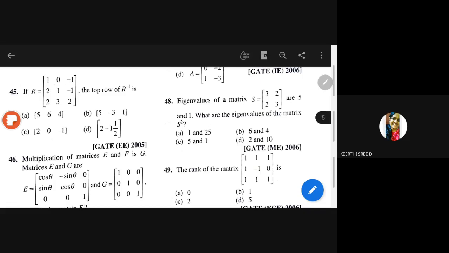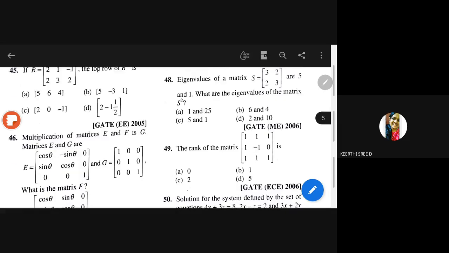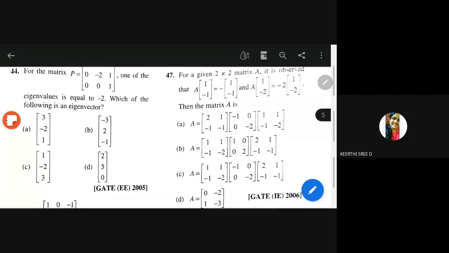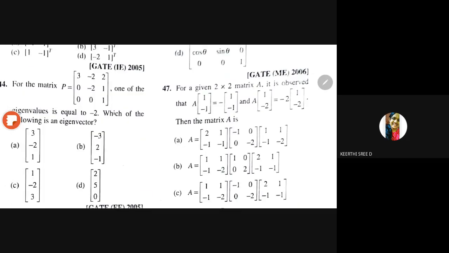So this problem we have seen: multiplication of matrices E and F is G. Matrices E and G we discussed last time. Now we have to see this one, 47. Have we discussed this problem?